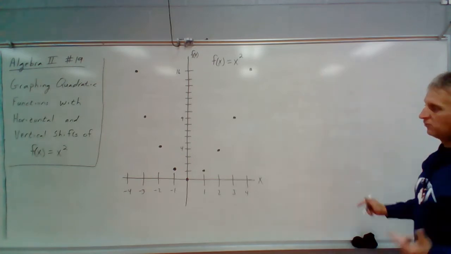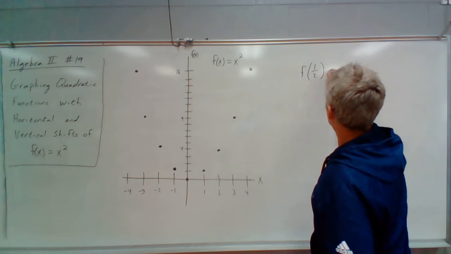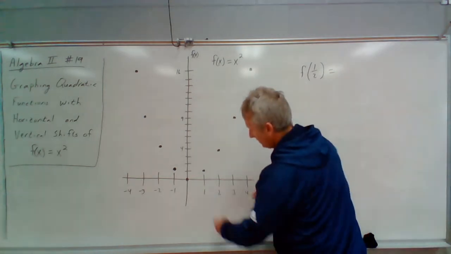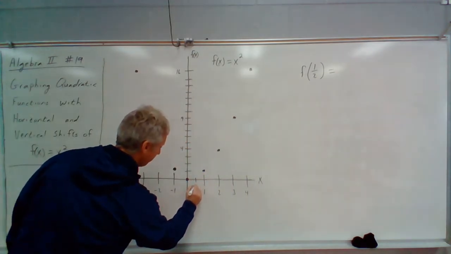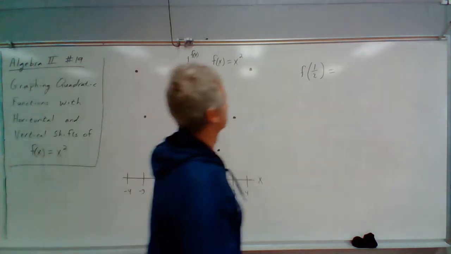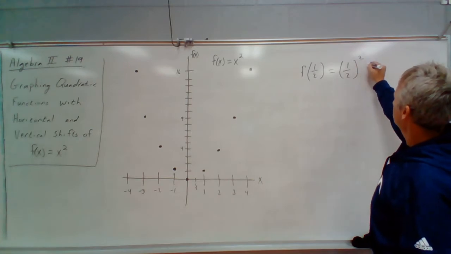Let's start with 1/2. Let's plug in 1/2. So f of 1/2. I'm going to plug in a 1/2 right here. What do I get out? So plug 1/2 in for x. I get 1/2 squared.